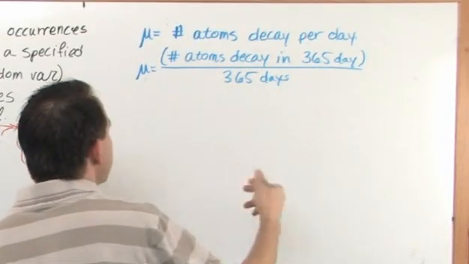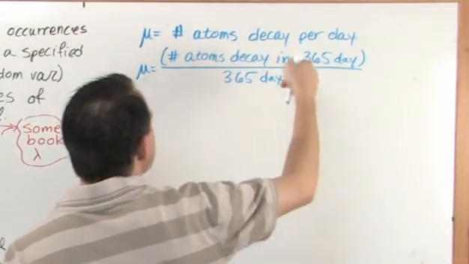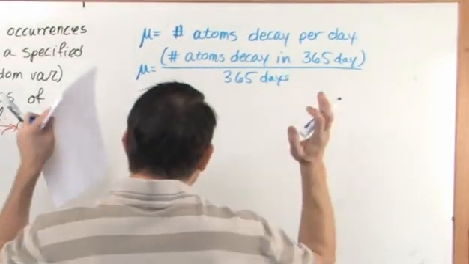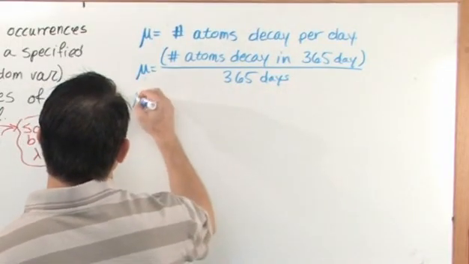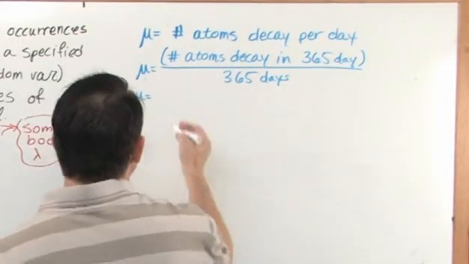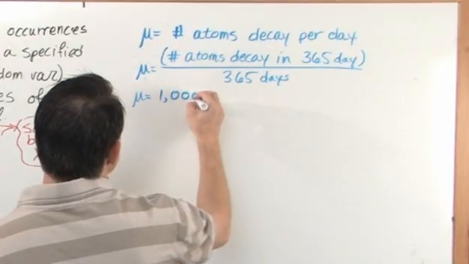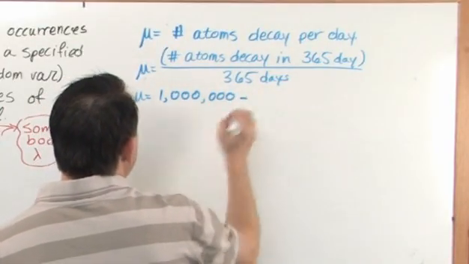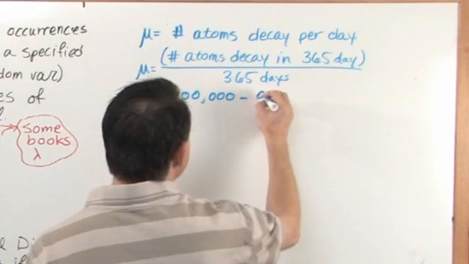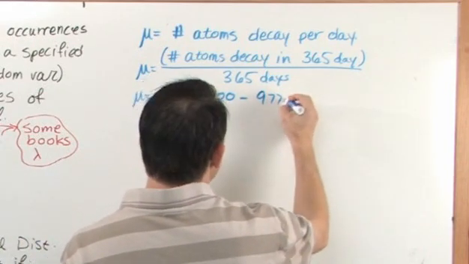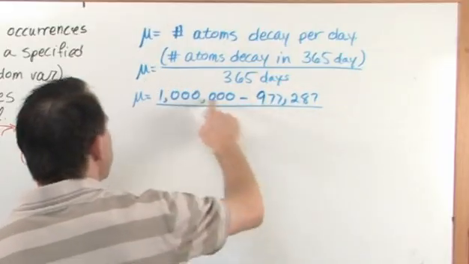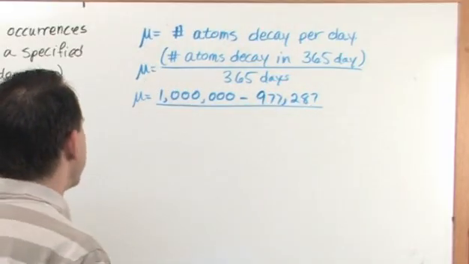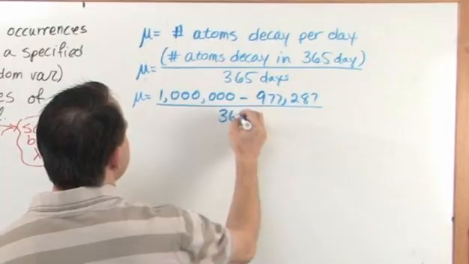That's going to give us a unit of number of atoms decayed per day, because it has the total number of atoms that decay divided by the number of days. So we're getting the number of atoms per day. Okay? Now what we know is we start out with 1 million atoms, and we know that we end up with 977,287 atoms. So we're going to subtract those. This is going to be the number of atoms that have decayed in the whole year. Okay? And we're going to divide that by 365.